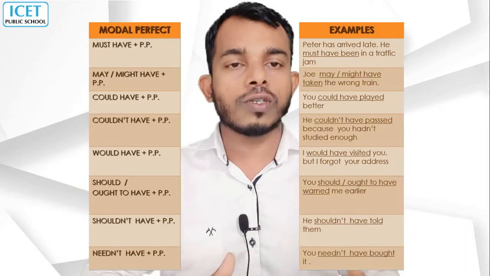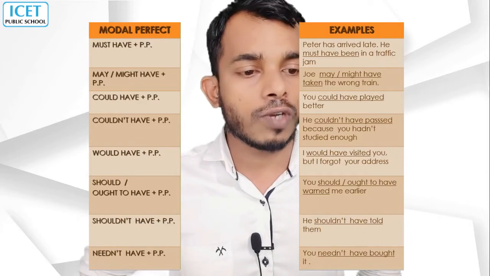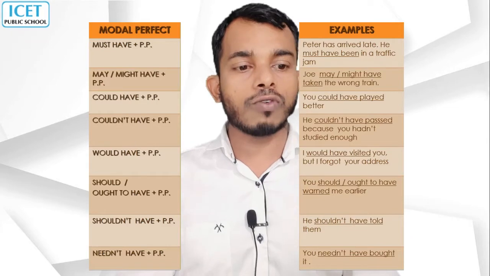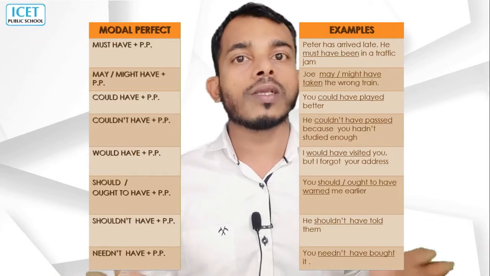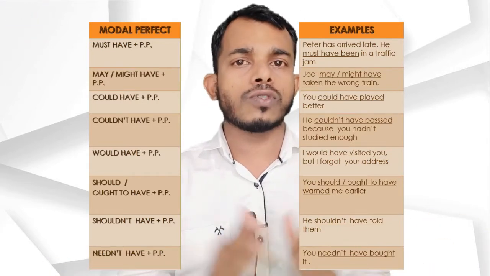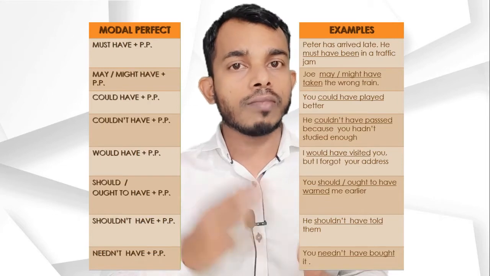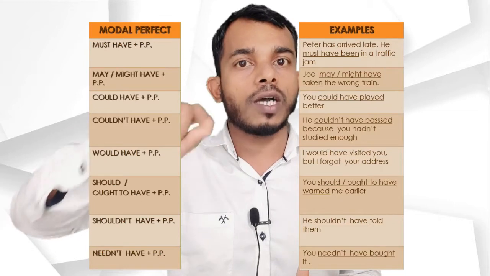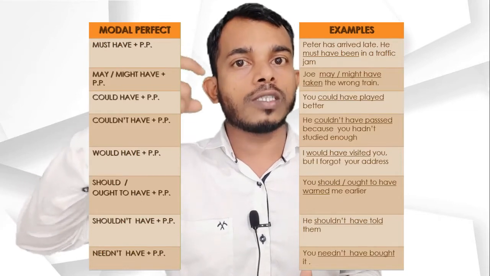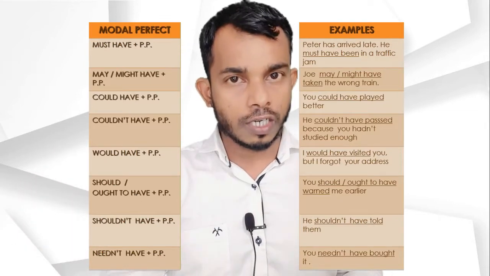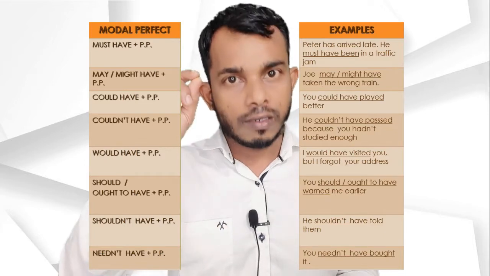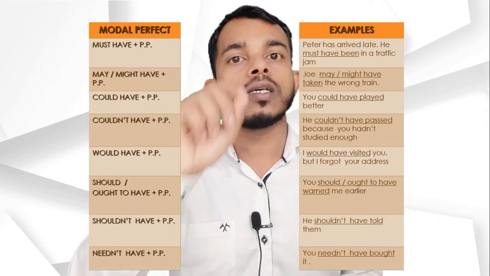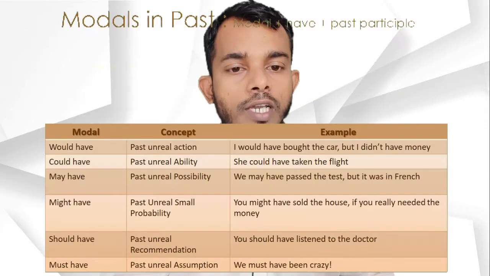If I read all the examples I have listed here one by one, you can see it is used the same way. There is no confusion, no way to make mistakes. Once you understand how to express past actions using modal auxiliaries, this is the answer: modal auxiliary plus have plus the past participle form of the verb.